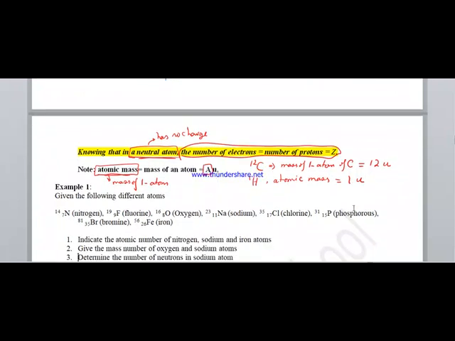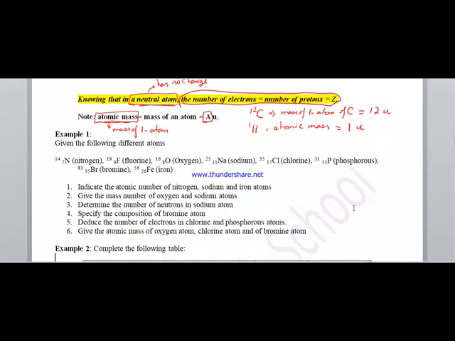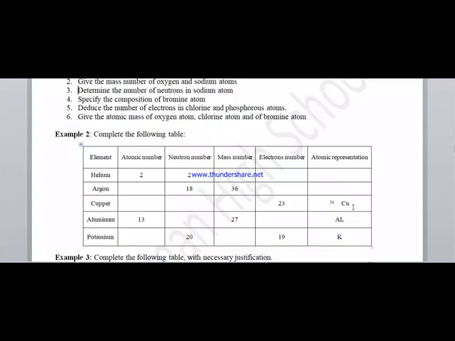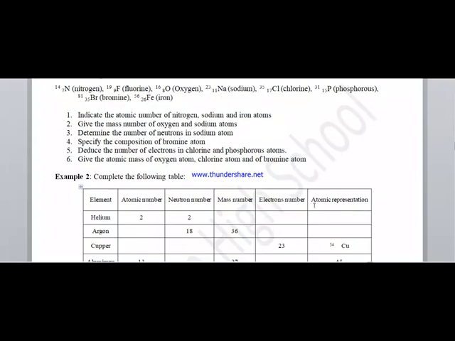Here is an example. Given the following different atoms, indicate the atomic number of nitrogen, sodium, and iron. As we know, any element is written in the form X, A, Z, with Z the atomic number.